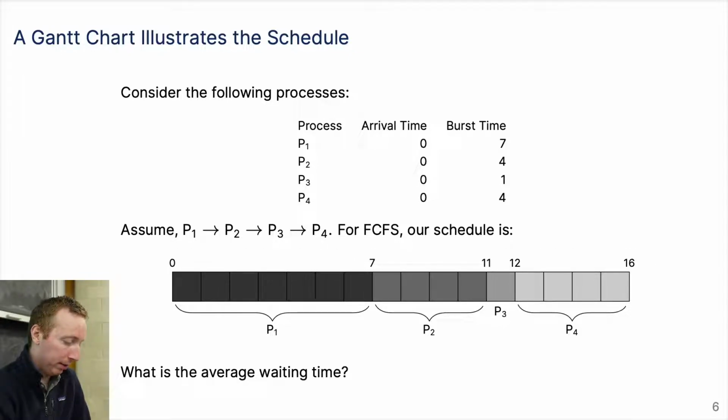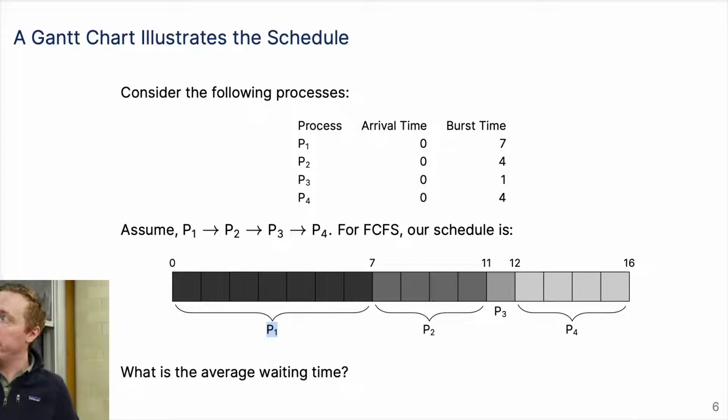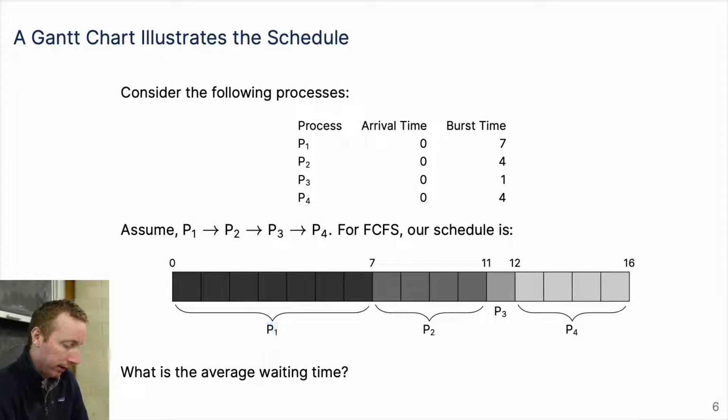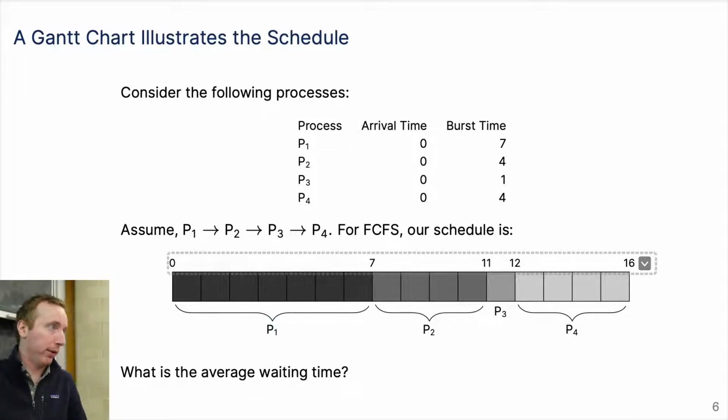So we pick P1 to execute, and we're assuming non-preemptible processes, so it just runs until it finishes. We start P1, it takes 7 time units, and each square there is a single CPU and 1 time unit. So it executes for 7 time units, and at t equals 7, process 1 is done.